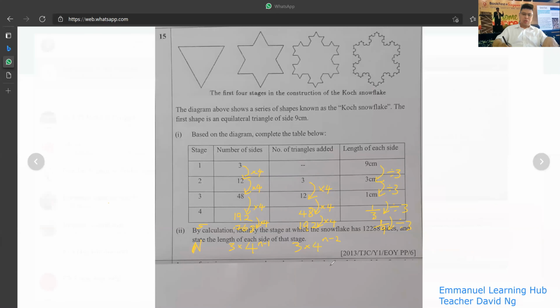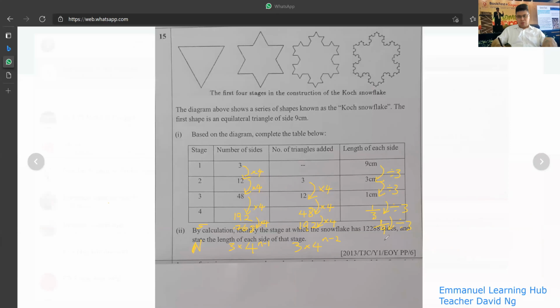Okay, so now we're going to find the formula for length. If you notice, 9 becomes 3, becomes 1. The number gets smaller, divided by 3. Each time they divide by 3. Up to here it starts to have fractions.